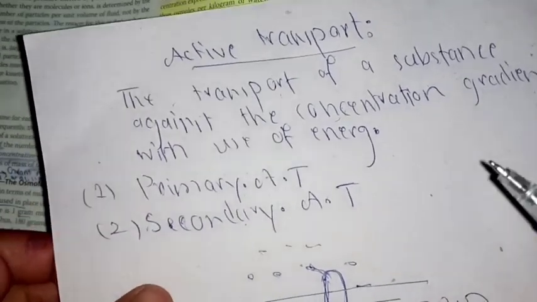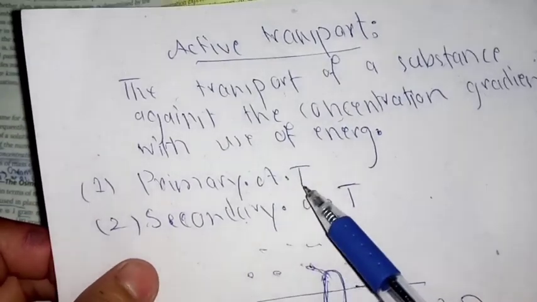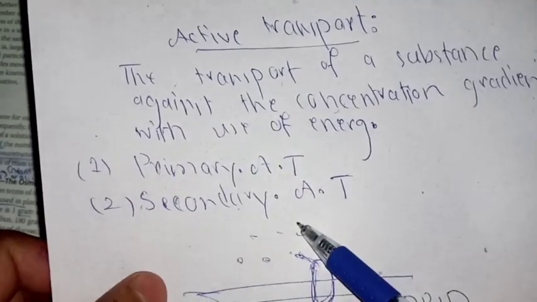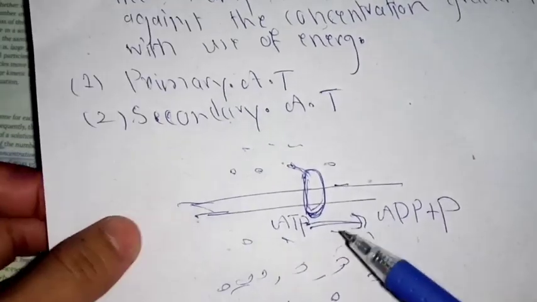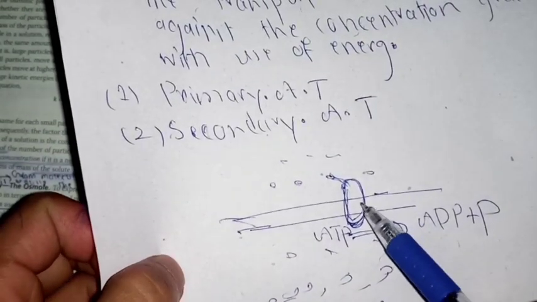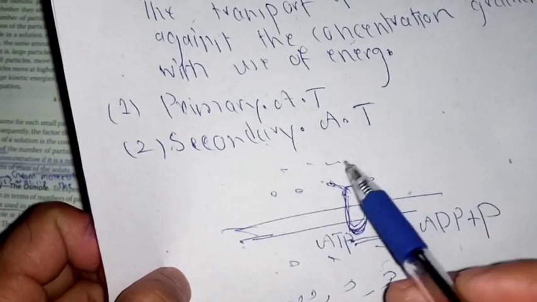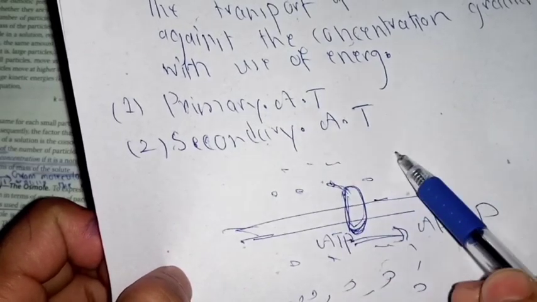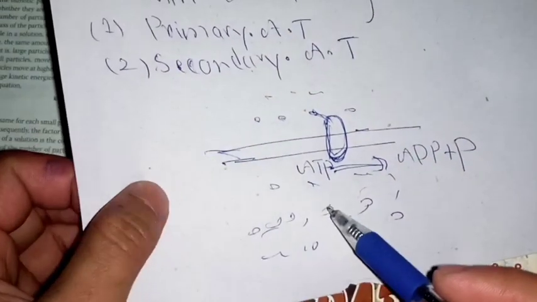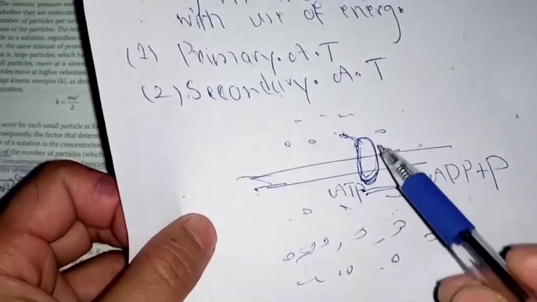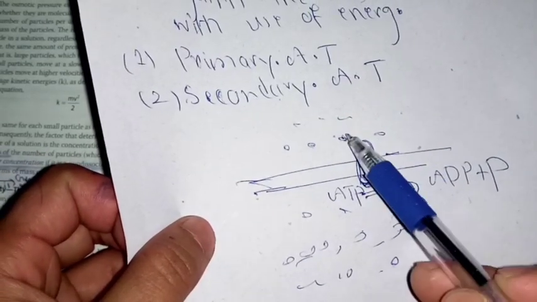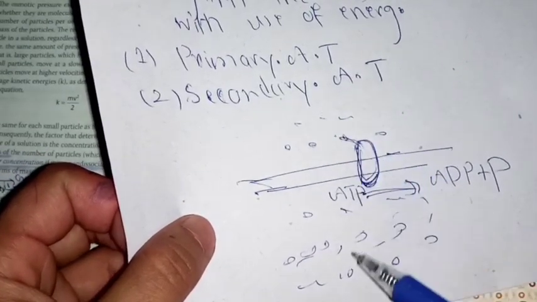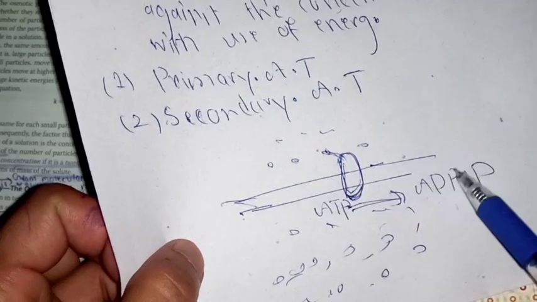We have two types of active transport. One is primary active transport and another is secondary active transport. In primary active transport, for example, if a substance is less on the outside of the cell membrane and more on the inside, still this carrier protein carries this substance from low concentration to high concentration with the use of energy.